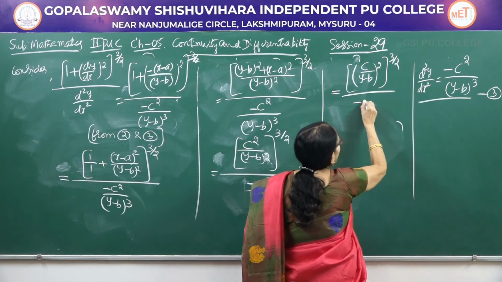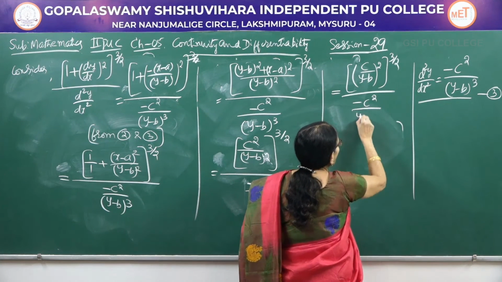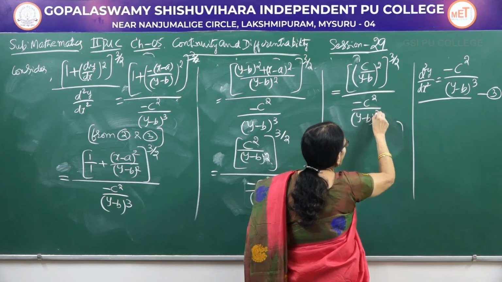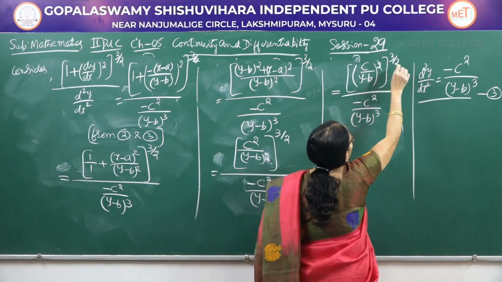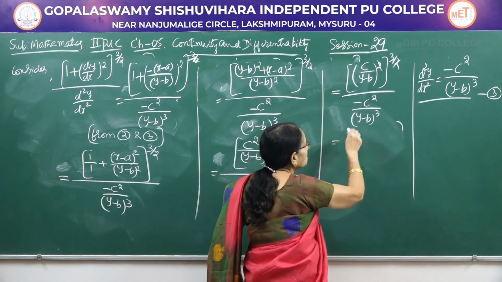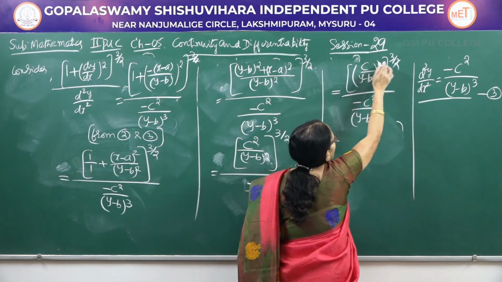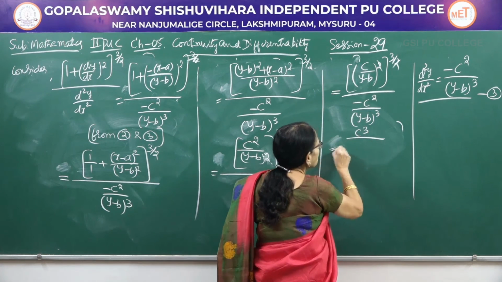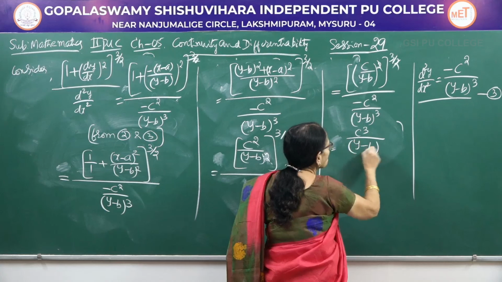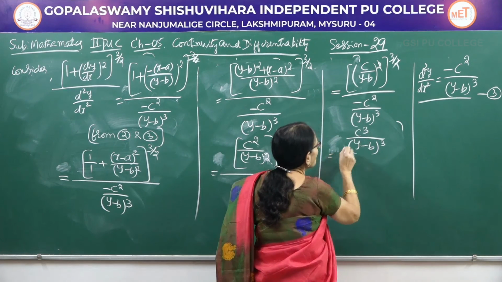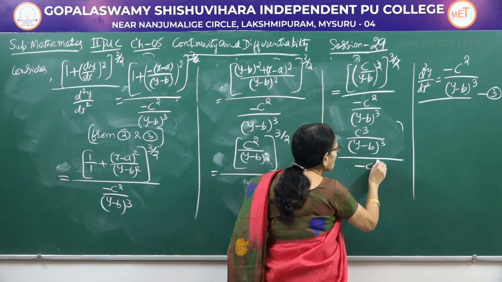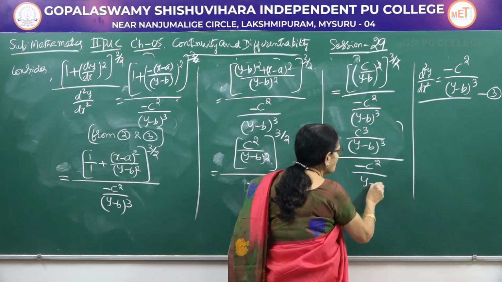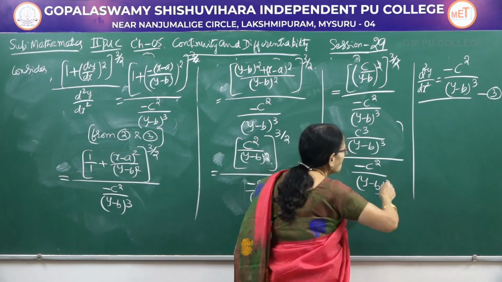Whole thing divided by minus c² over (y minus b) the whole cube. Now again using the law of indices, 2 and 2 get cancelled. c³ divided by (y minus b) the whole cube. And the denominator is minus c² divided by (y minus b) the whole cube.